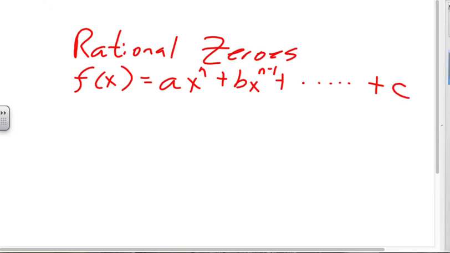What you're interested in looking at is this constant term out here, the one with no x, and the coefficient of the term that has the highest power.